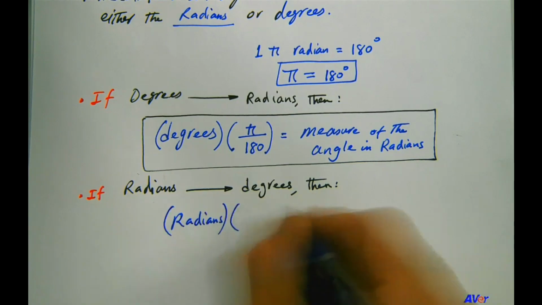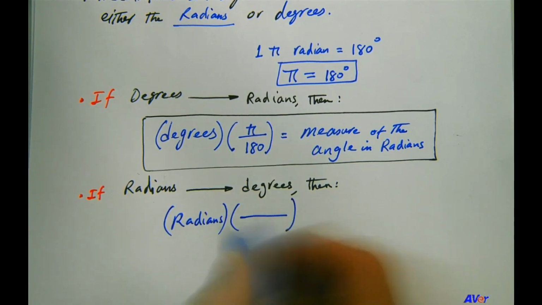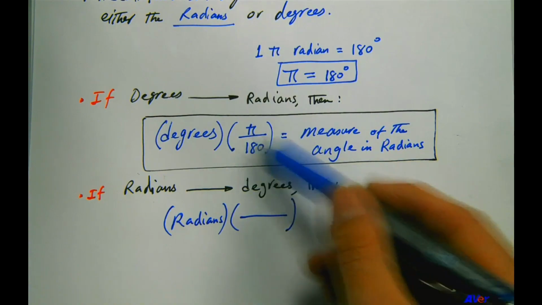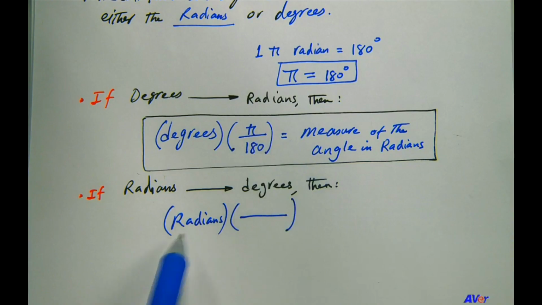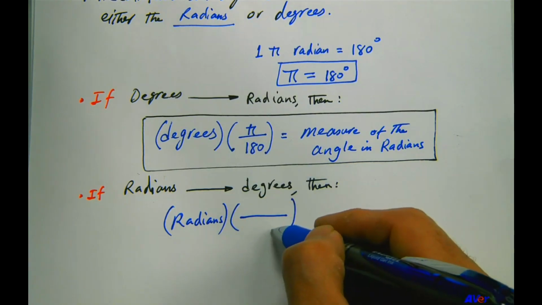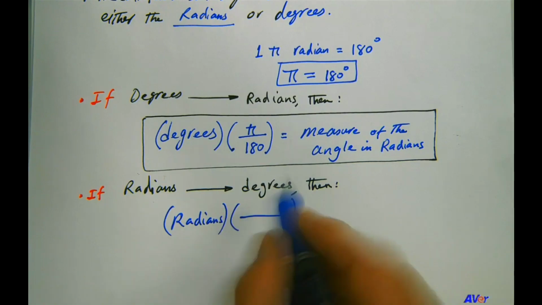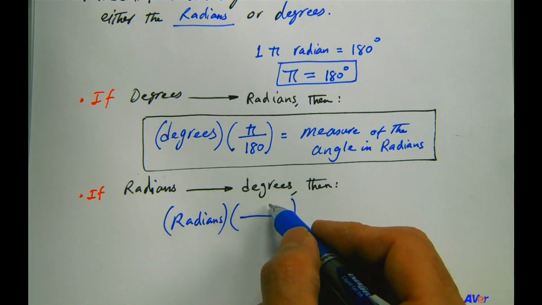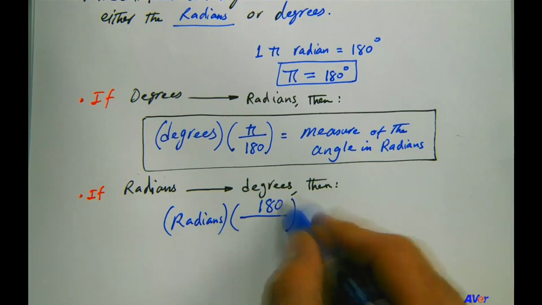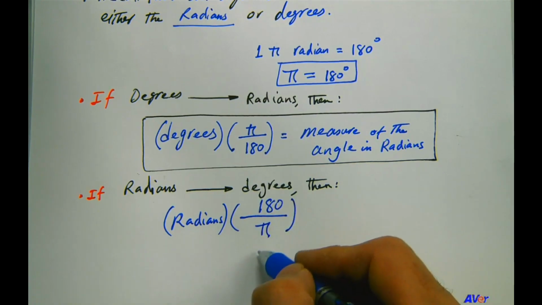and multiply it by, can you guess how this will be switched? How would this change? Well, we're going from radians to degrees, so the denominator would have to be radians, so the units would cancel, and the numerator would have to be in degrees. So in that case, it would be 180 degrees over pi radians.